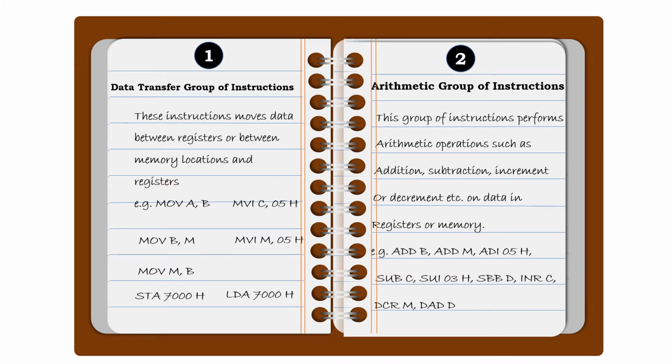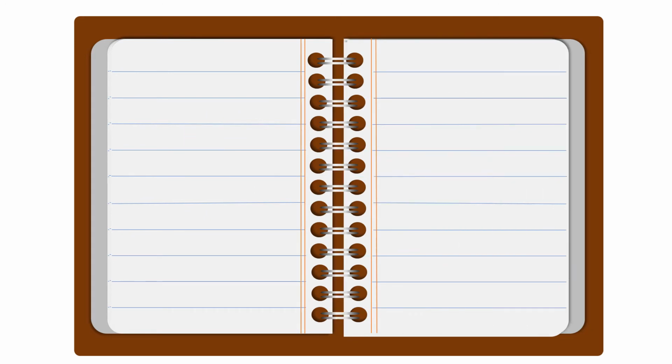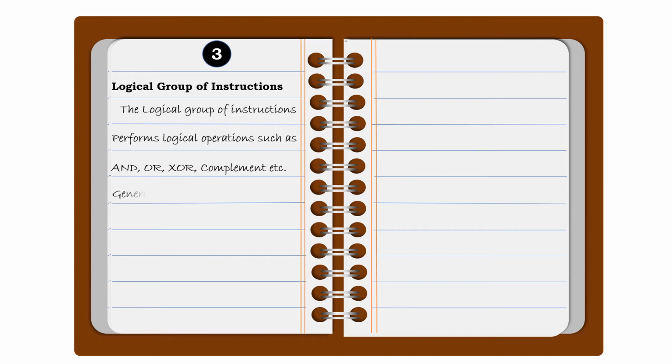Next is the logical group of instructions. The third one is the logical group of instructions. Basically the logical group of instructions in 8085 performs logical operations.